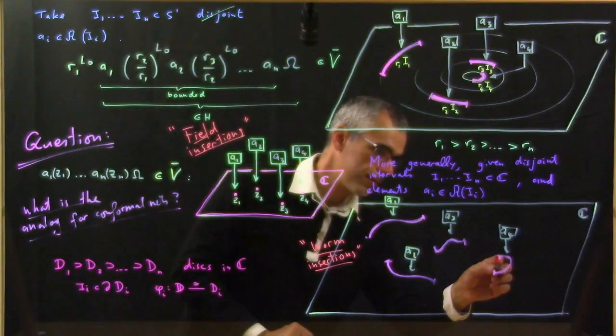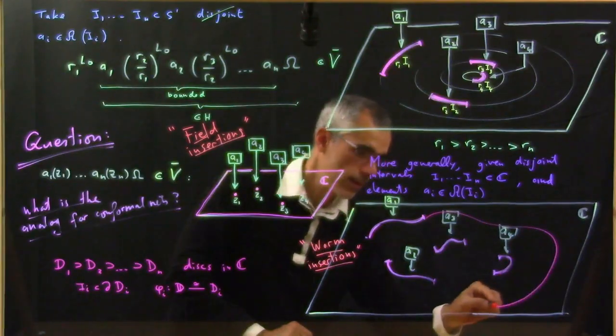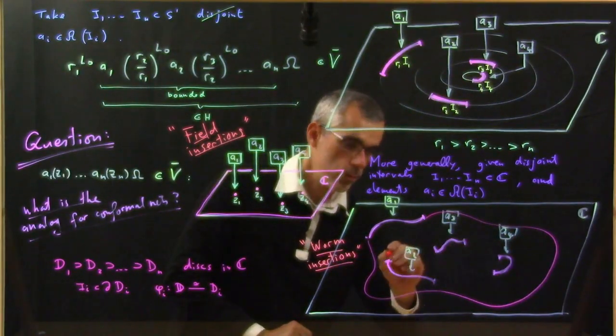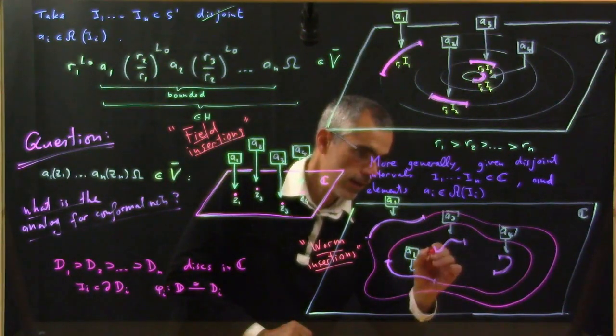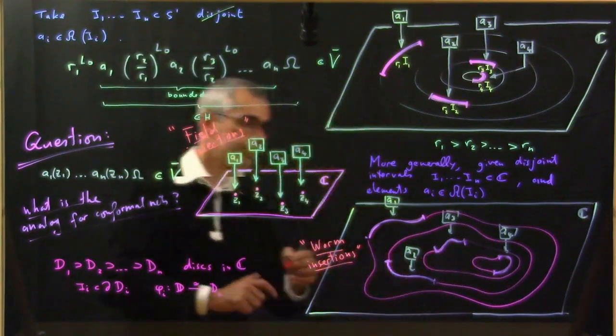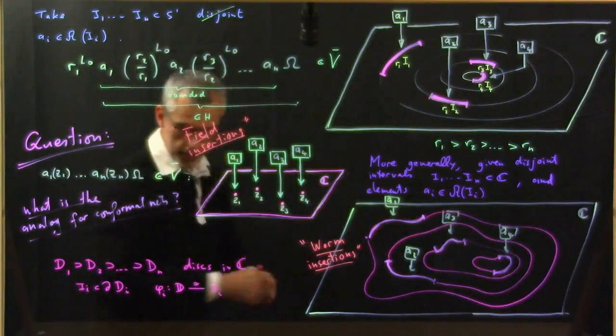So here I would have the first one. Let's draw it fairly big so that it has a chance of containing all the other ones. And then the next one would be like that. Then one that goes around here, and then finally one. So these are the boundaries of these disks, is what I've drawn here.